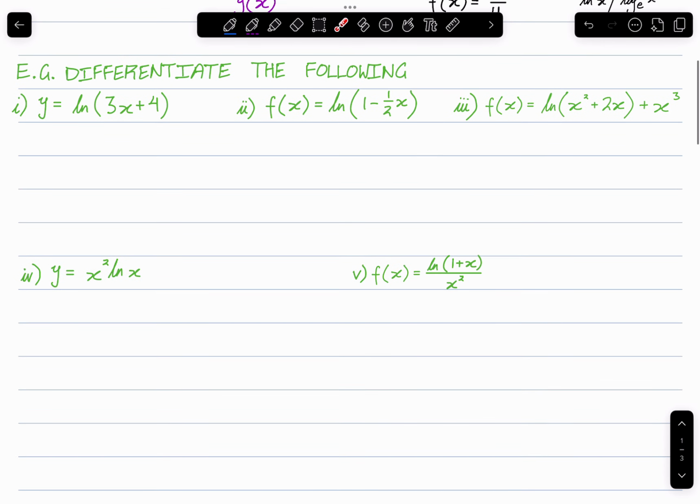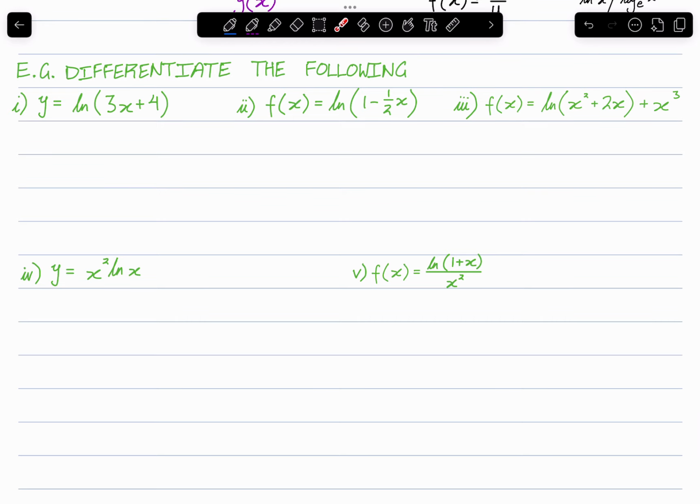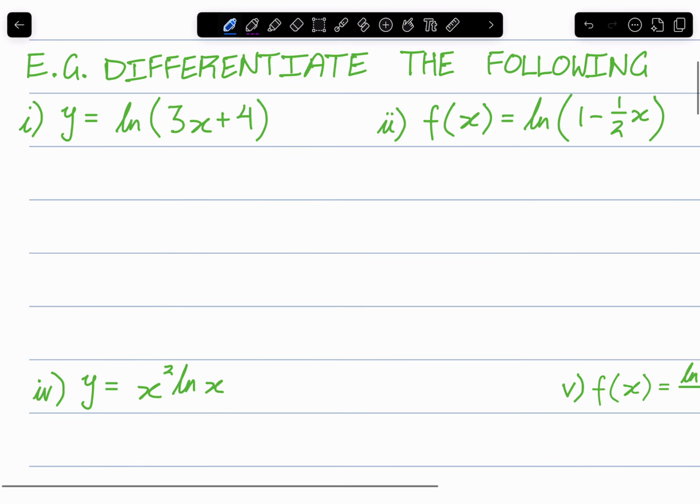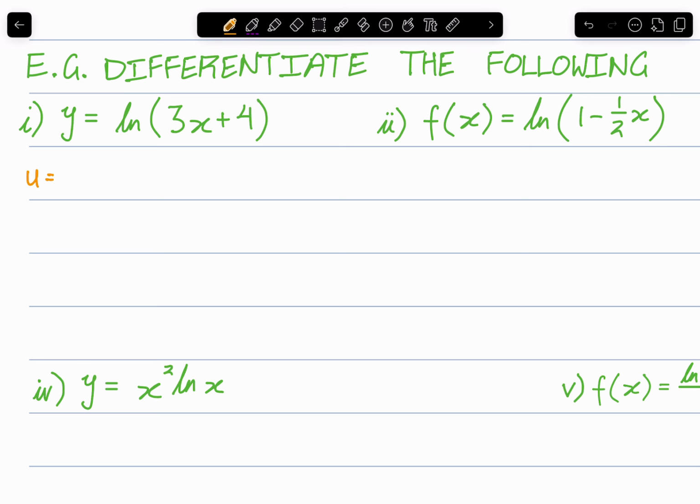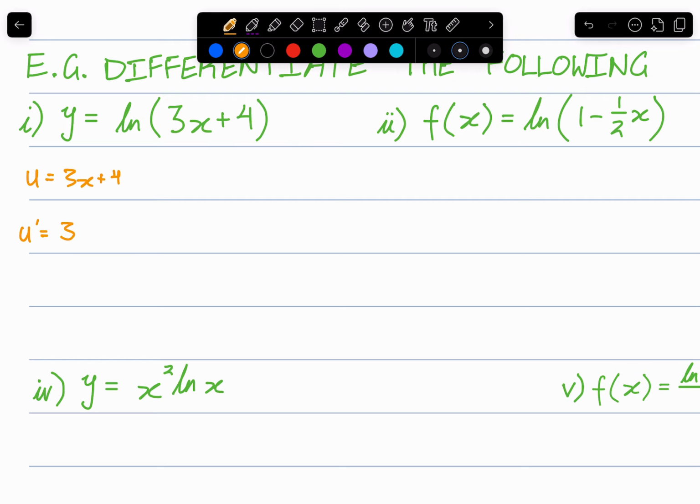So let's do a few examples here. Some of these are very straightforward, but you can apply this technique to make it easier for any example. So I'm going to let u be the inside, so 3x plus 4. And so the derivative of this, u prime, is just 3.